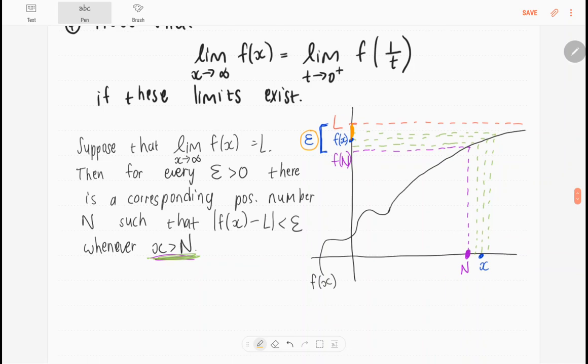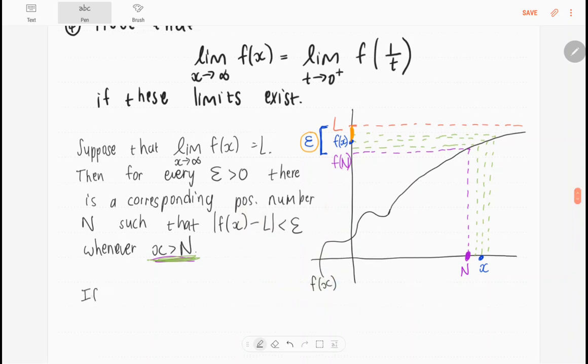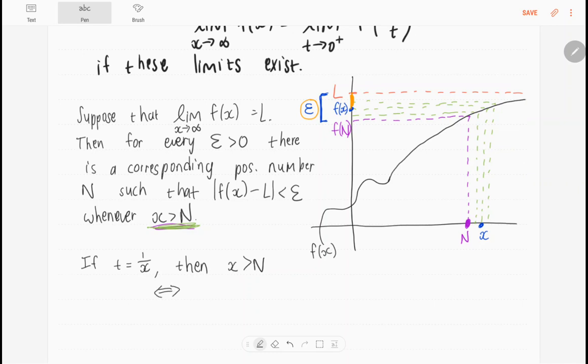Now, if we let t be equal to 1 over x, then x is greater than n if and only if 1 over x is less than 1 over n, and we also know that 1 over x has to be greater than 0, since n is a positive number and x is greater than n, so x has to be greater than 0.